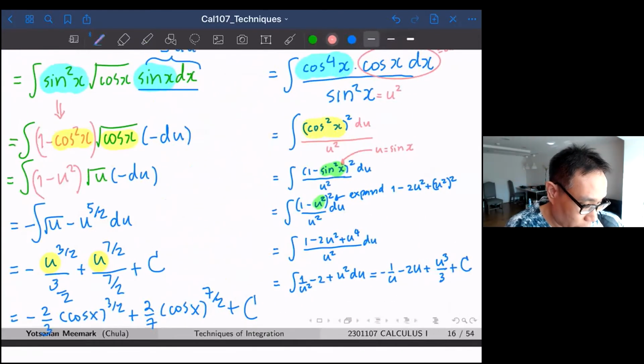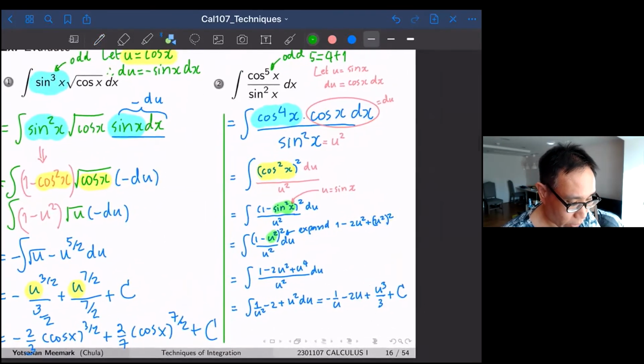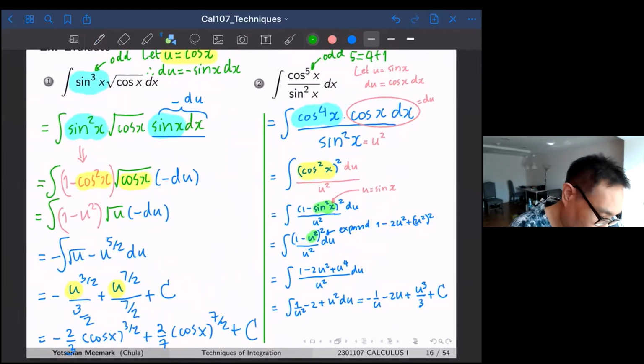I need to draw some line to avoid confusing here. And then at the end, you're going to put u equal to sine x back.